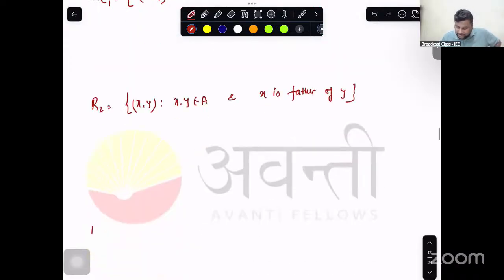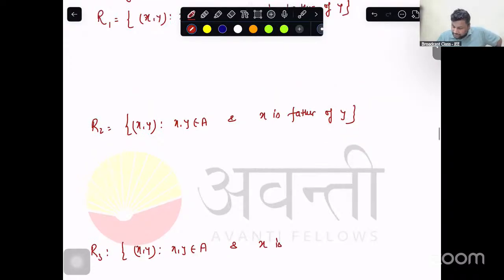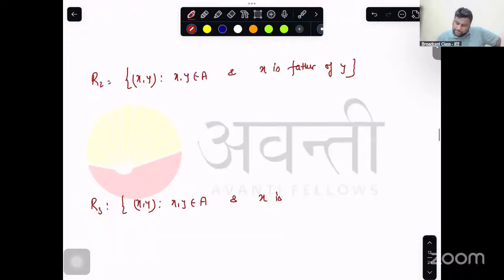There is a relation R3 defined as x comma y, where x, y belong to A and x is husband of y.